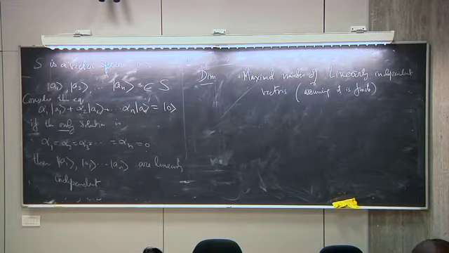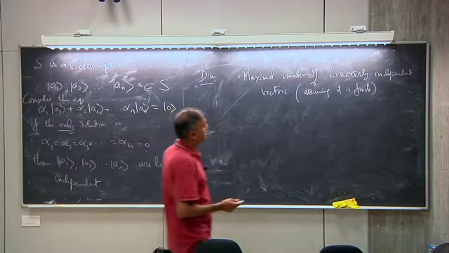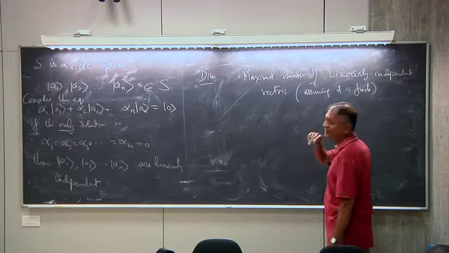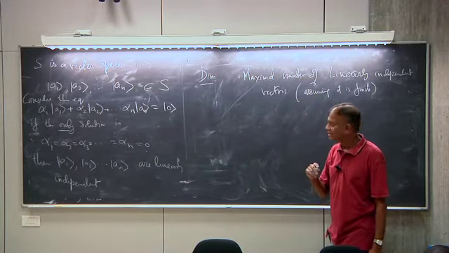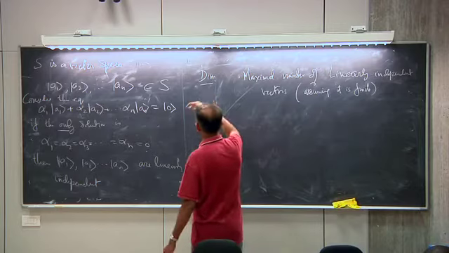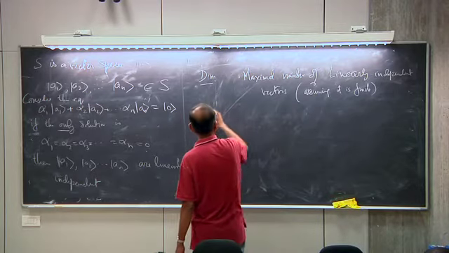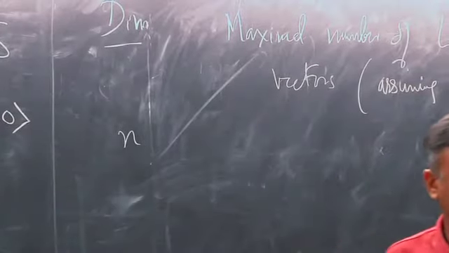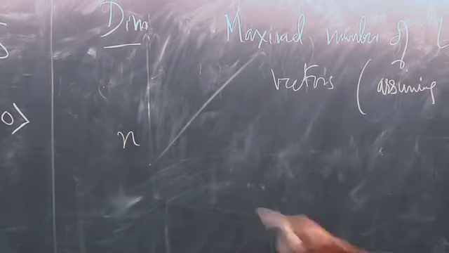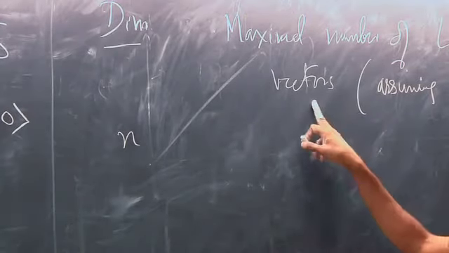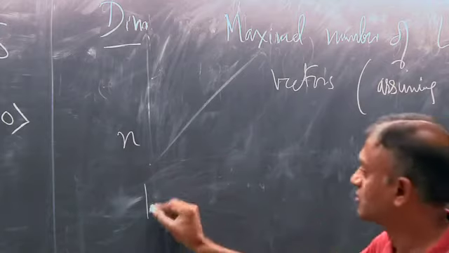By that itself, it's very clear that this is a good definition of dimension, right? Suppose in some particular example, this maximal number of linearly independent vectors is n, and let's suppose those vectors are this.